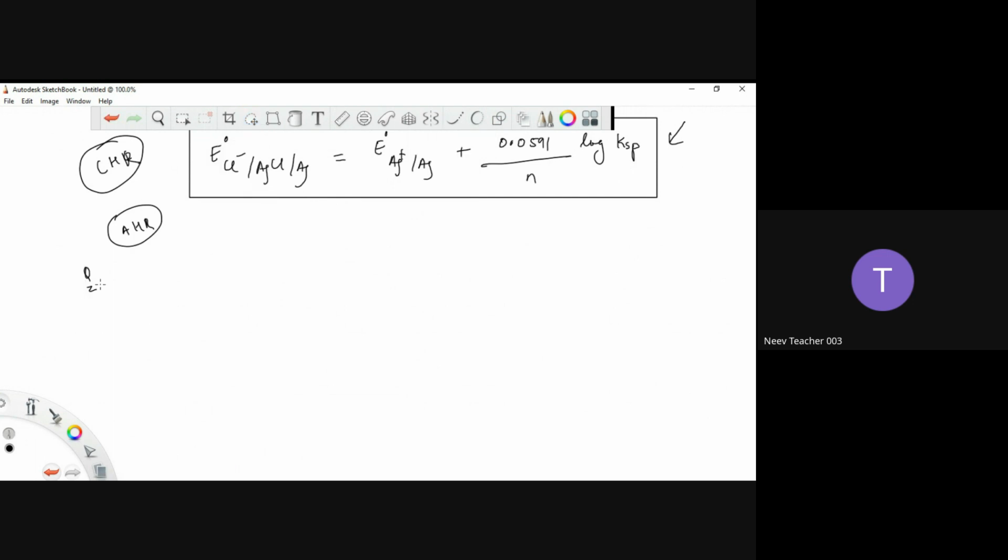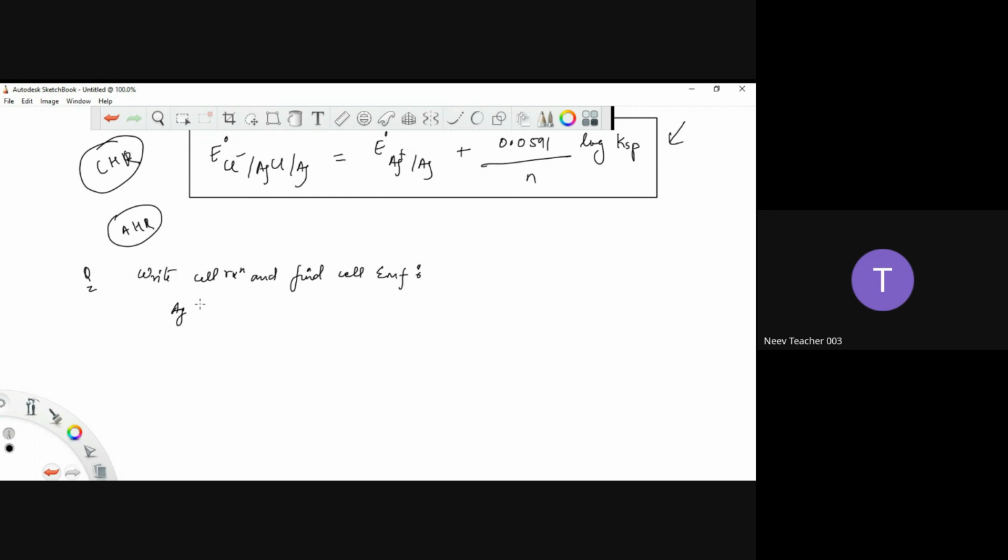So the question is, first two questions are there. Write the cell reaction and find the cell EMF.